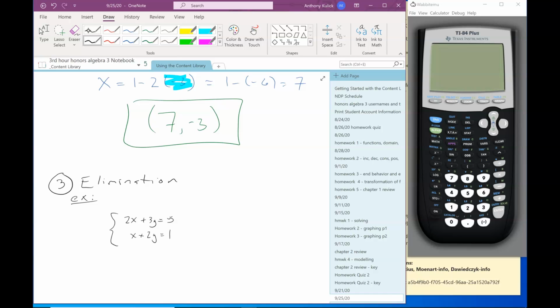So what I would do is first I would multiply one or both of these equations by some number or numbers, so that when we add them together, something will cancel out. So let's pick a variable that we're going to try to make cancel out. Let's say we start by trying to cancel the x's. It doesn't matter which variable you choose to cancel first.